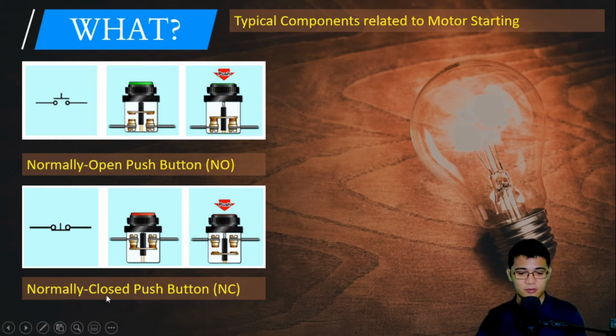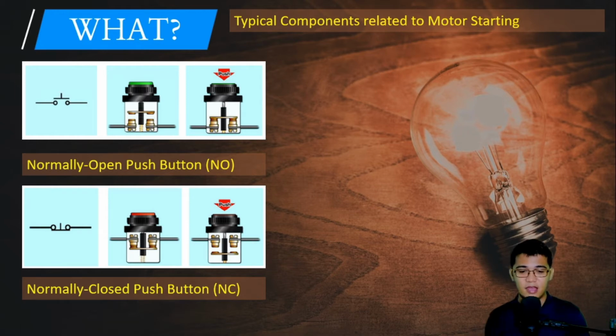Now, what about for normally closed push button? So normally, ganito naman yung kanyang forma. Closed, and when we press it or push the button, bababa itong connection, at i-disconnect niya ang 2 points. There will be no flow of current whenever the push button is pushed. By the way, yung kulay niya is kulay red.